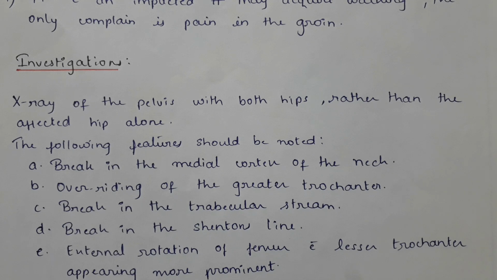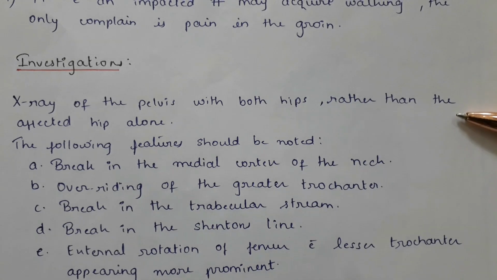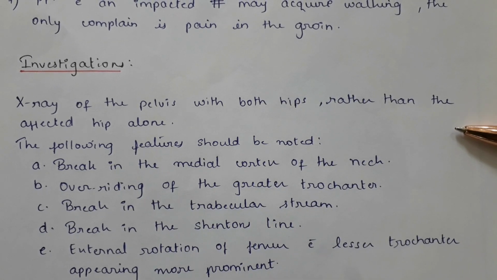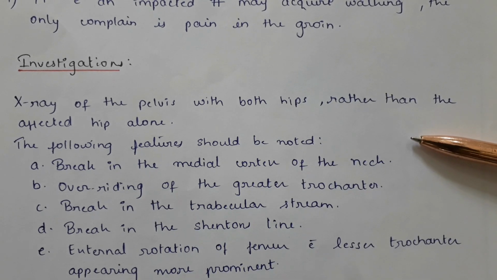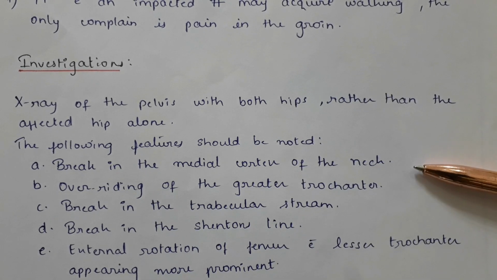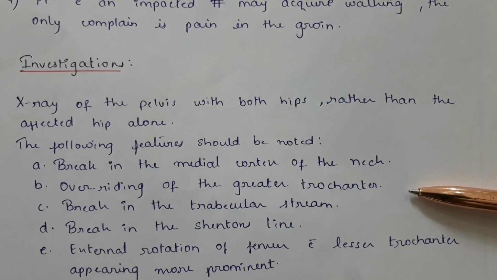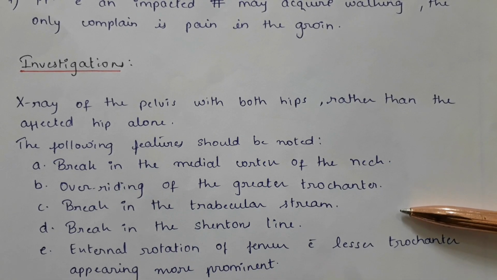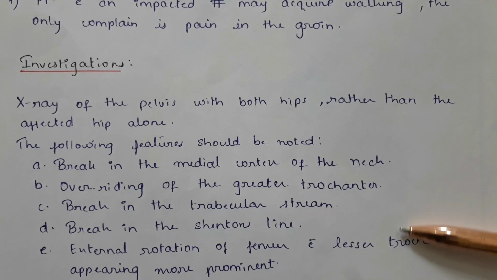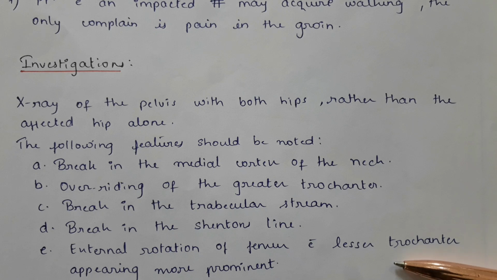Investigations include X-ray of the pelvis with both the hips rather than the affected hip alone. The following features should be noted: break in the medial cortex of the neck, overriding of the greater trochanter, break in the trabecular system or the trabecular stream, break in the Shenton's line, external rotation of the femur with the lesser trochanter appearing more prominent.